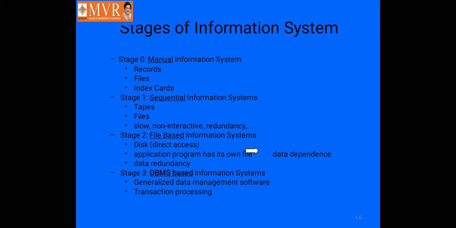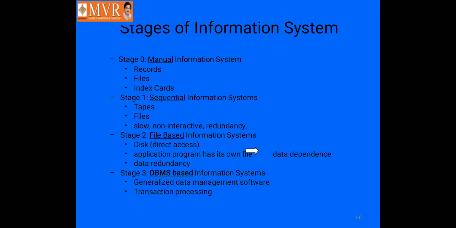So, stages of information system, we have four stages. One is the manual information system, second is the sequential information system, third is the file based information system, fourth is the DBMS based information system. In stage 0, the manual information system, we are keeping the records, files and index cards.